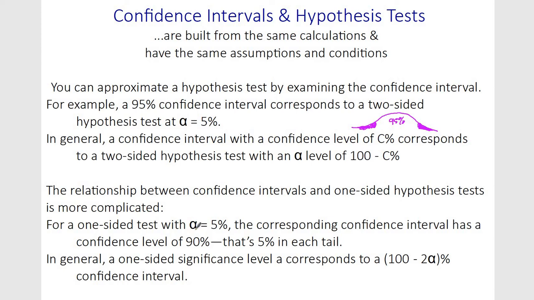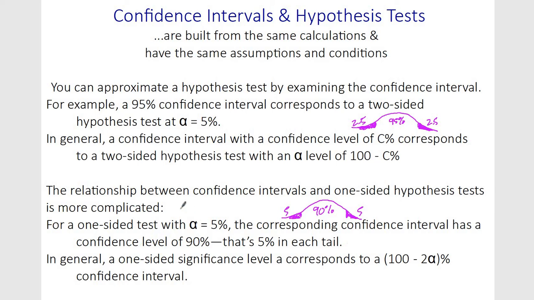So if you have an alpha level at 5% and it's one-sided, you need to do a confidence level of 90%. Because if this is 90%, whereas this side was 2.5 and 2.5, this is going to be 5% and 5%.